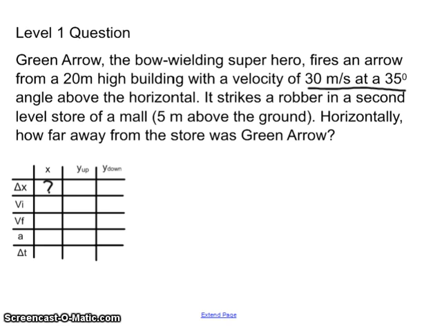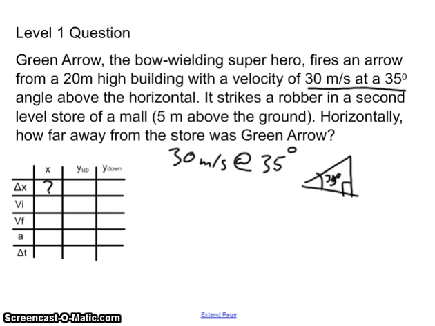So we want to take that 30 meters per second at a 35-degree angle, and split it up because we cannot use anything that is in both x and y directions. We want to use things that are only in the x or only in the y, and that makes it the easiest so that we can use our special equations from linear motion.